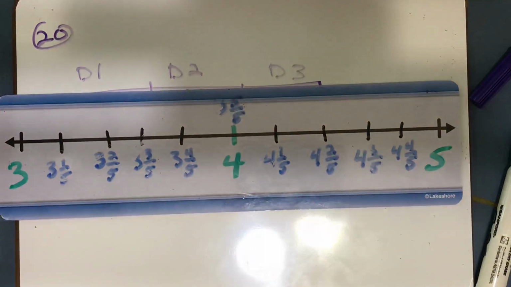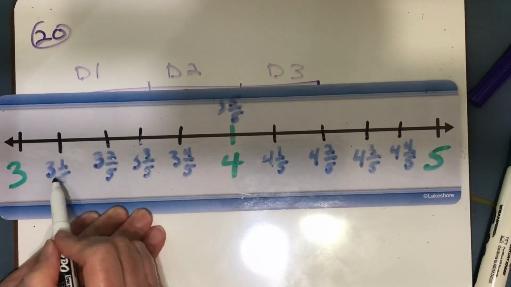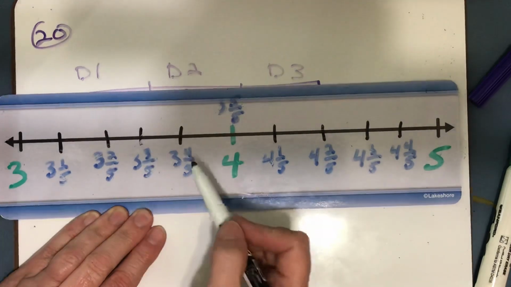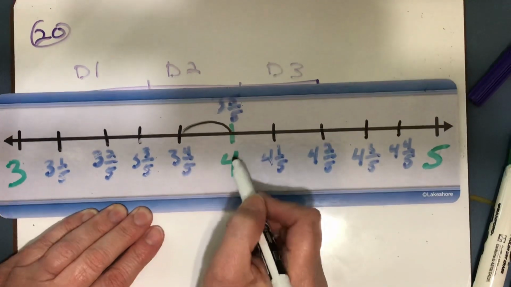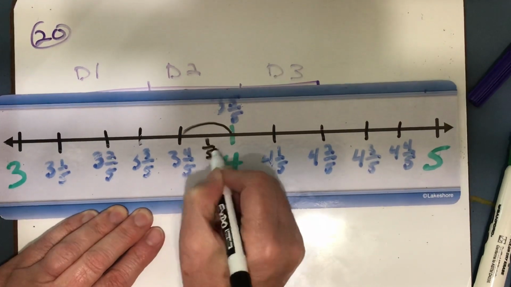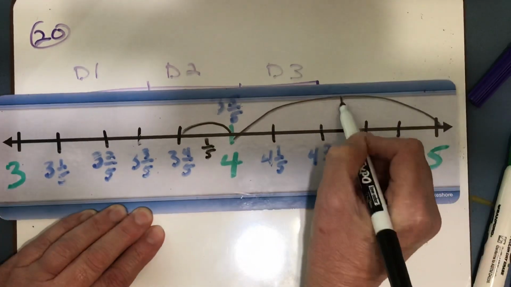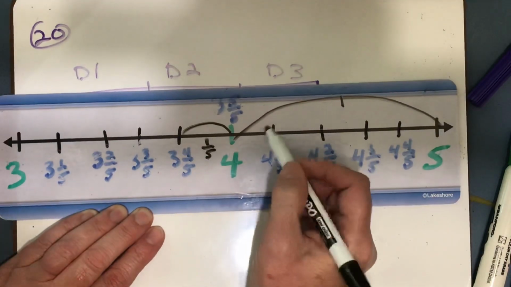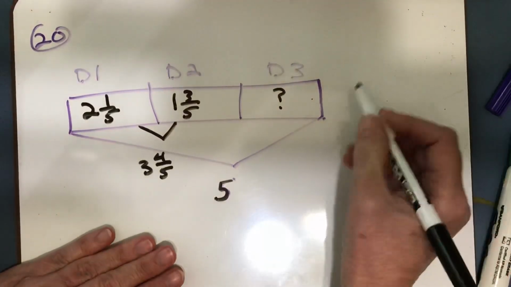Well, if I go over, notice that it's divided into fifths. 3 1/5, 3 2/5, 3 3/5, 3 4/5. So if I go from 3 4/5 right here to 4, that's 1/5 that I just went, 1/5. And then from 4 to 5 would be 1 whole. So 1 1/5 is how far she has to walk on the third day.